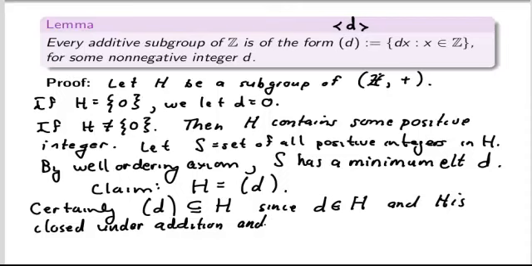So we'll just say H is closed under addition and contains additive inverses. Okay, so that direction is easy.